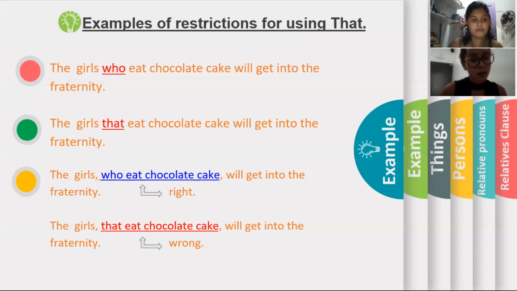The girl, comma, who eats chocolate cake, comma, will get into the fraternity. The girl, comma, that eats chocolate cake, comma, will get into the fraternity. In the last case, it's wrong because the relative pronoun that cannot come after commas.